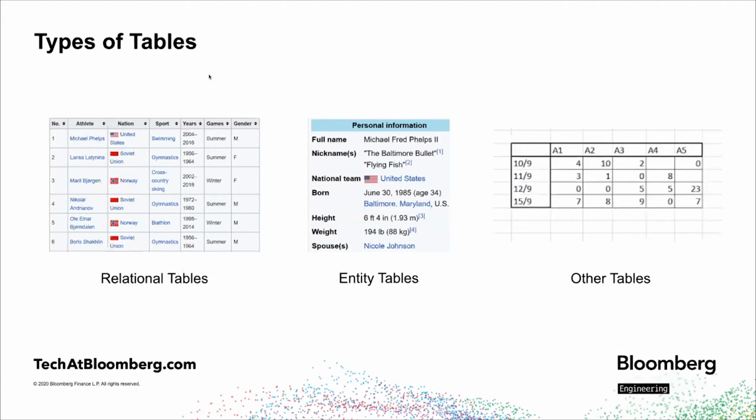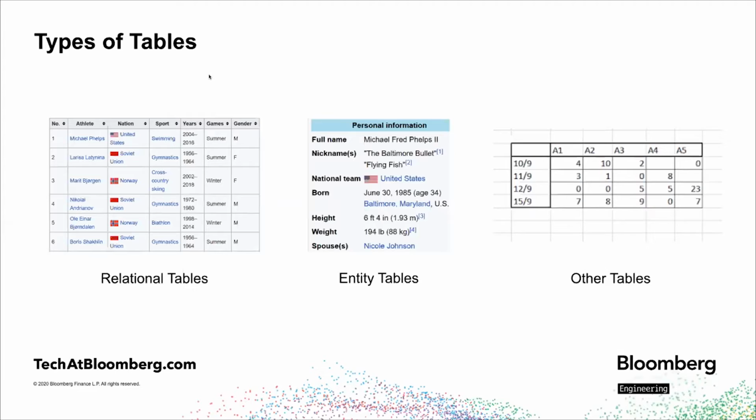Tables are everywhere. I'll give you a brief idea of what tables we are working with. There are many different types of tables on the web. We focus on one type, which is relational tables. In databases, of course, there's a relation. Here it is something similar but different. A relational table has a key column listing all the topic entities, as well as attributes in different columns.